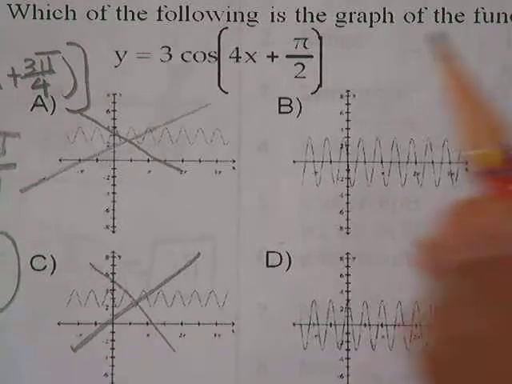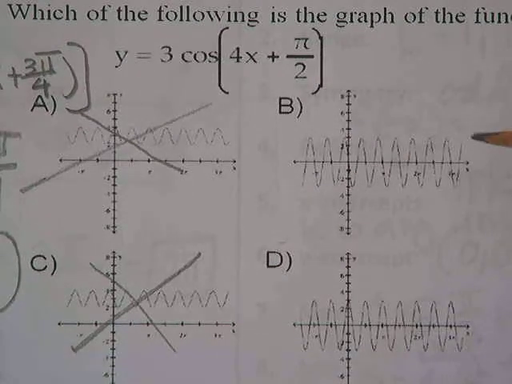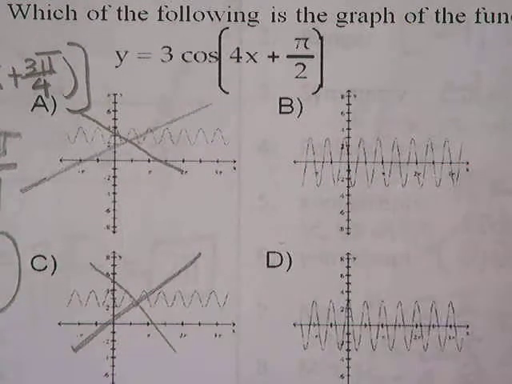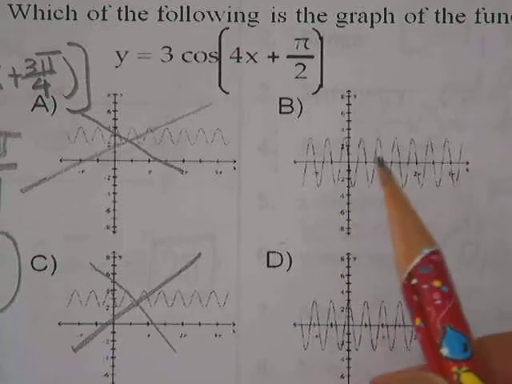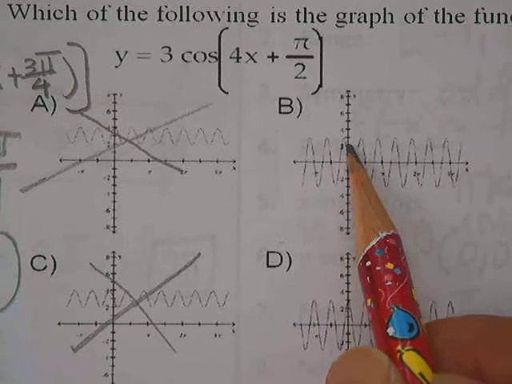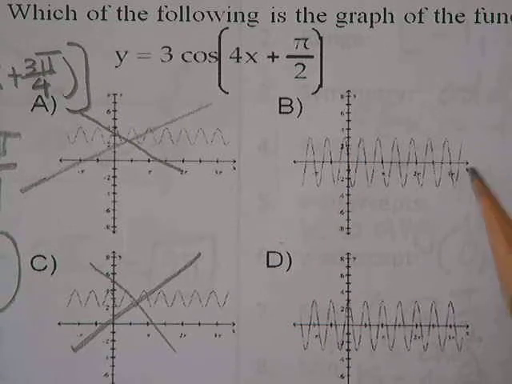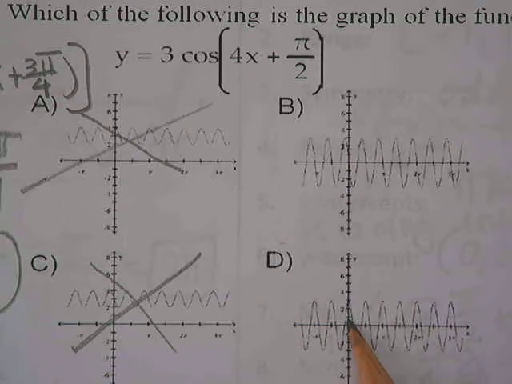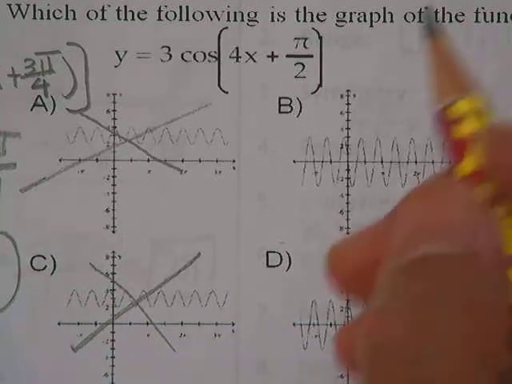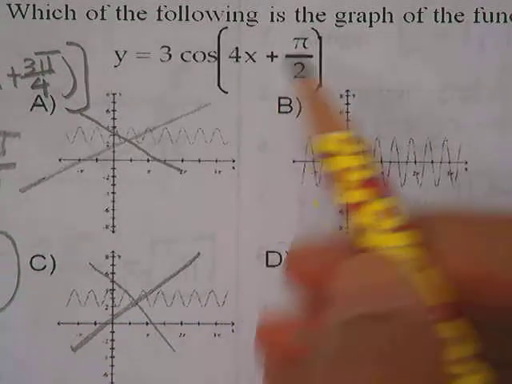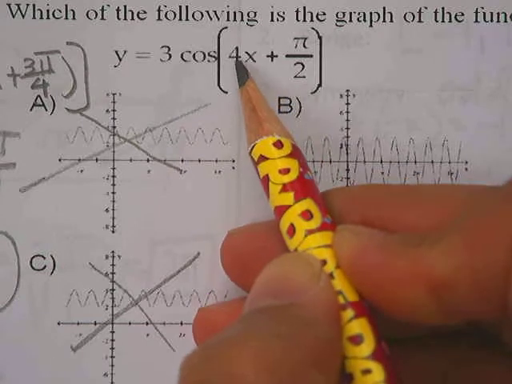All right, so the next thing is, which one is the cosine function, and which one has an amplitude of 3? If I look at this from the center, 1, 2, 3, that has an amplitude of 3, and this also has an amplitude of 3. So both of them could be the right choice. The next step is to see if there's a coefficient with the x.